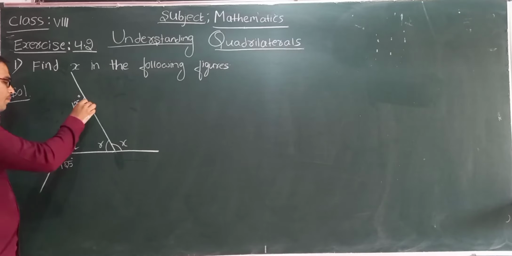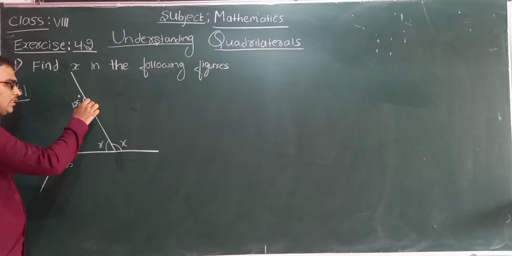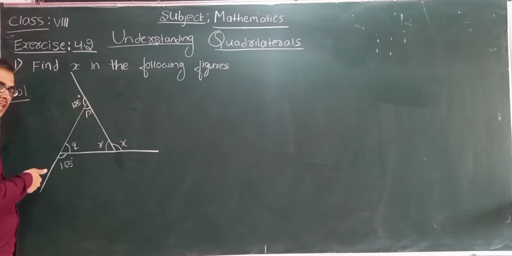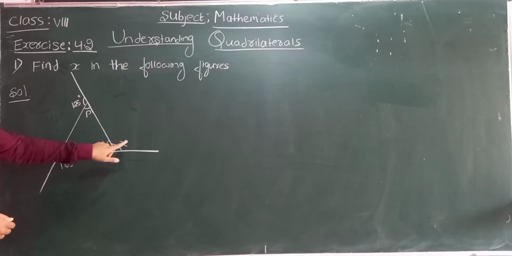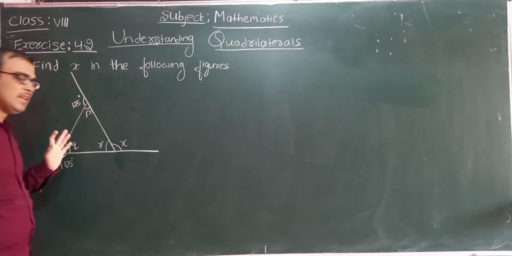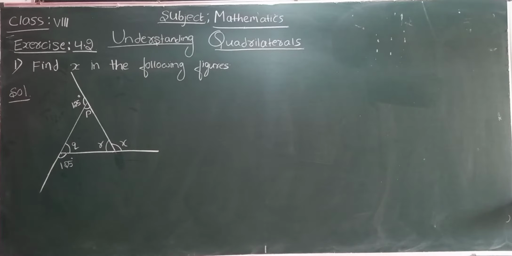This is a polygon, a triangle, and these are the lines produced to the end. So these are the exterior angles, that is 125, 125, x. These are the exterior angles of a polygon.